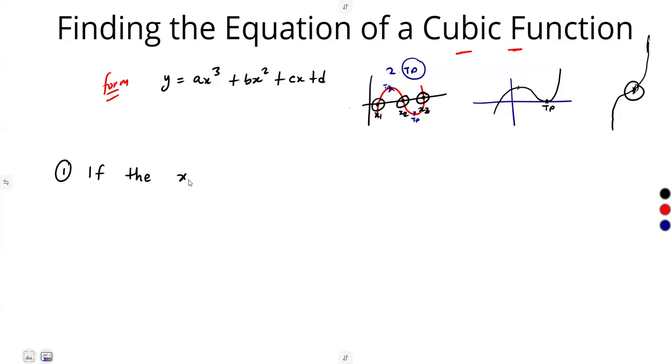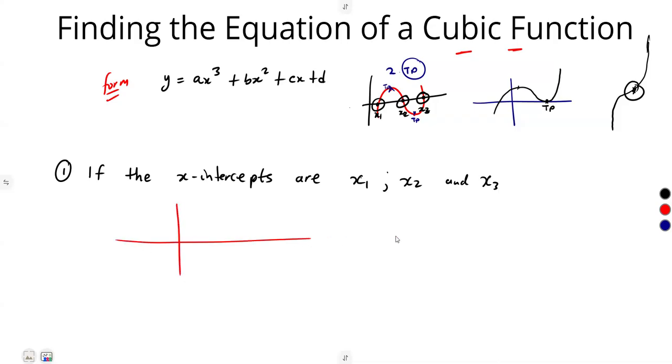So if the x-intercepts are given as x1, x2, and x3, for this condition, we can determine our equation.